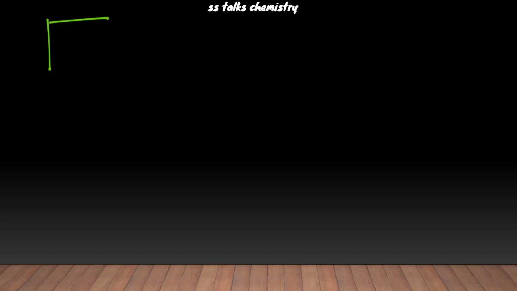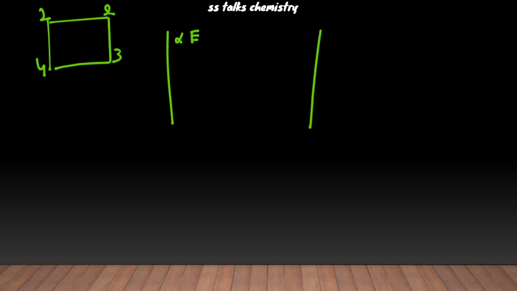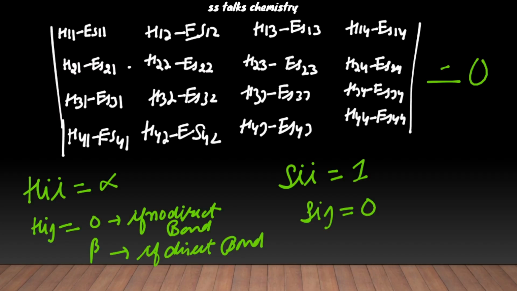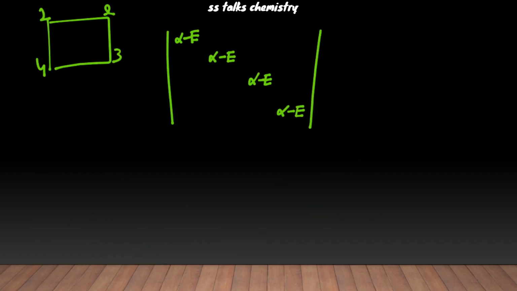This bonding, always remember, is for the first, second, third and fourth carbon. Here we have H11, so it is alpha minus E, and H22 is also alpha minus E. The diagonal elements are going to be alpha minus E only, because it is H11, H22, H33 and H44, and S11, S22, S33, S44 are equal to unity. So these diagonal elements we have written.